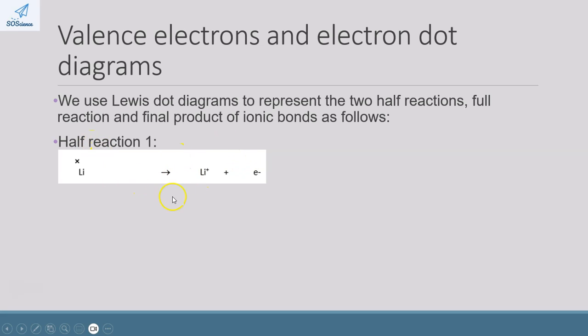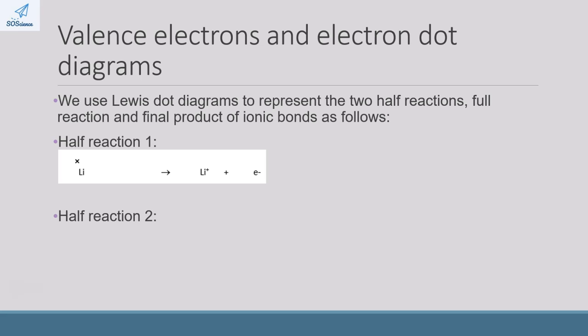And on the product side, we are going to have the metal ion plus the number of electrons that it gave up in order to have a full outer energy level. So we know that because lithium forms Li+, it gives away one electron. So the first half reaction always applies to the metal.